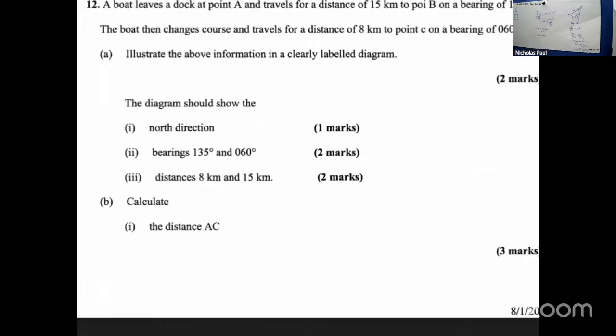Well, you're missing an angle. Most people are missing the angle next to 60.